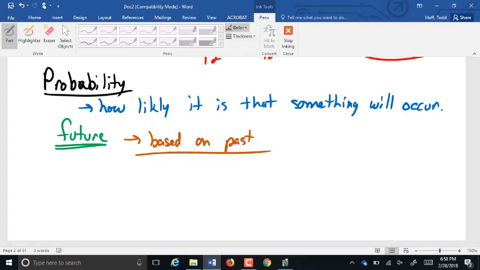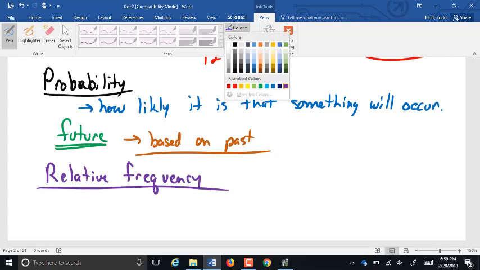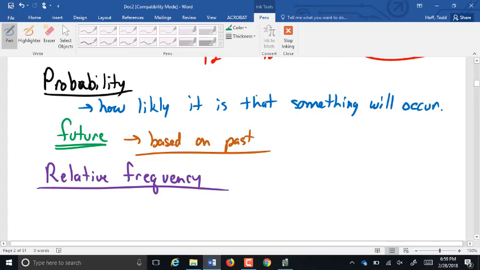Now, there are a couple of different types of probability. There's a relative frequency probability. Relative frequency probability is probably the most common probability used in industry because it's the easiest one to get information on.